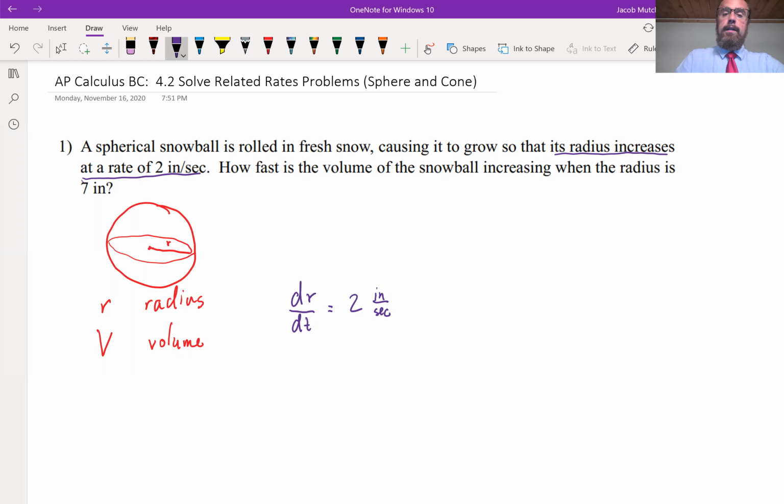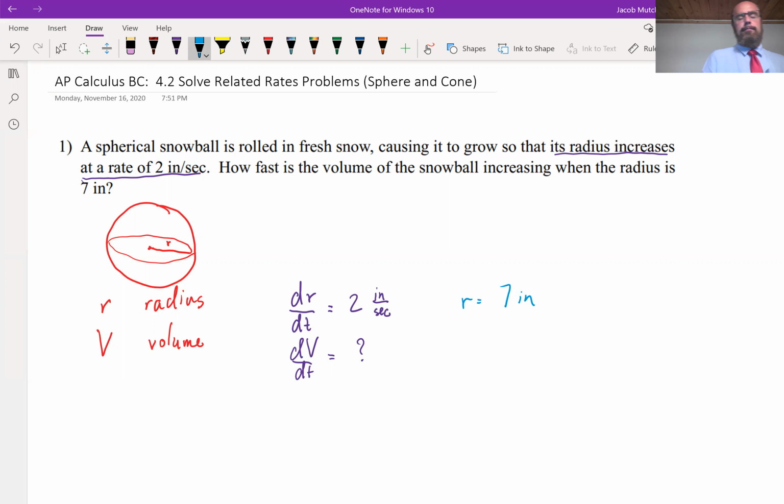And then definitely what I'm trying to find is dV/dt, the rate of change of the volume with respect to time. That's my question mark. And then I am on the lookout for any specific data about measurements. So I'm told that we're interested in the rate of change of the volume, specifically at the instance when the radius equals 7 inches. So I'll notate that as well.